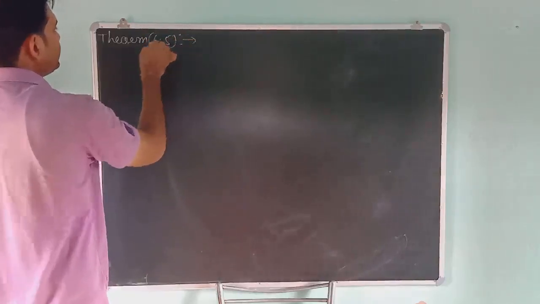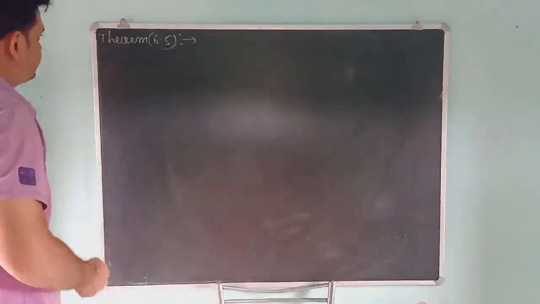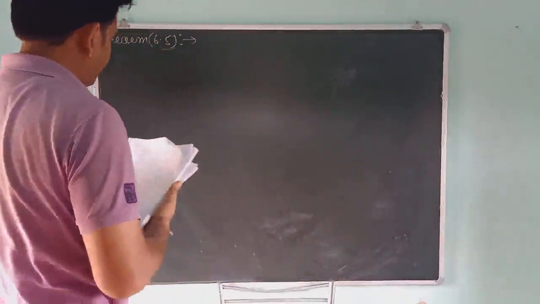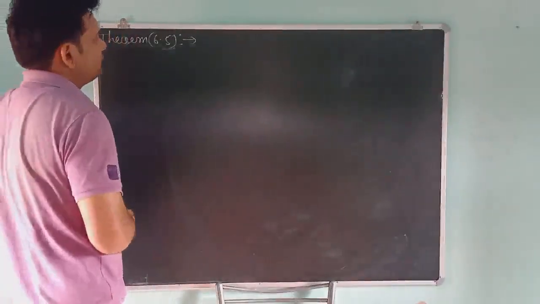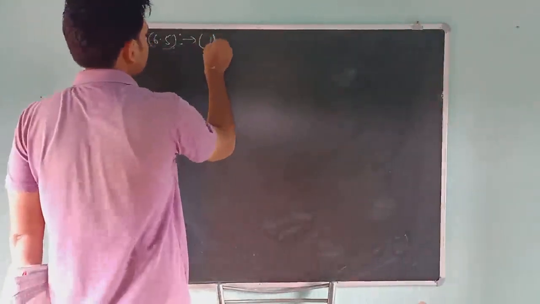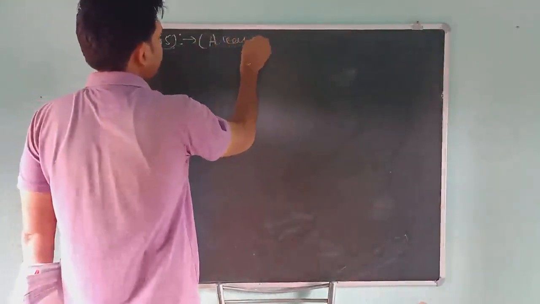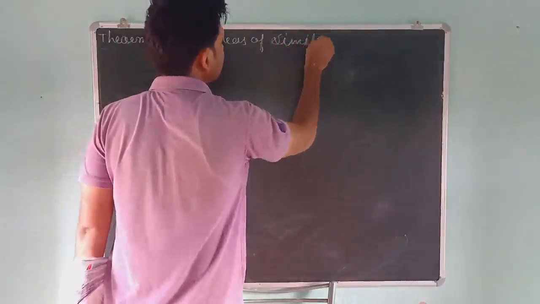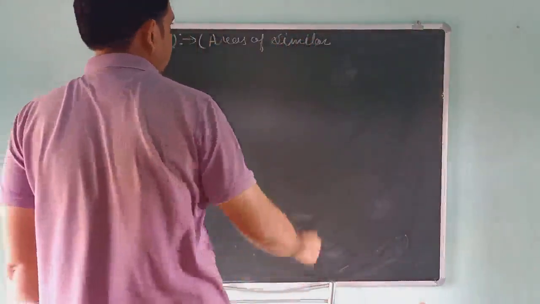Theorem 6.5. Areas of similar triangles. Topic is areas of similar triangles.